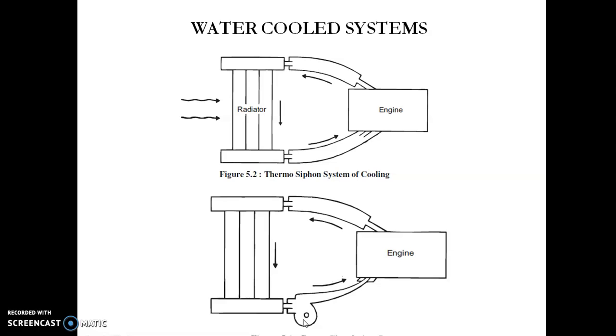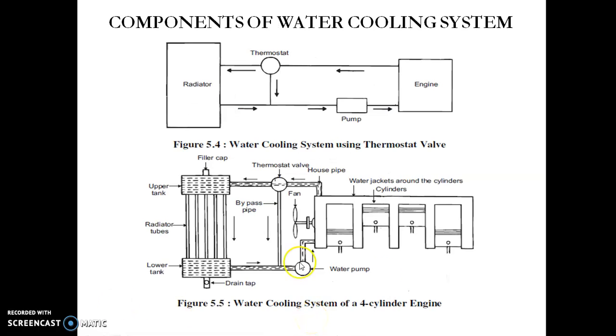Most current engines use pump circulation systems, because everything is electronically controlled and engine size keeps reducing. So we need a proper and efficient cooling system, which is supported by pump circulation.